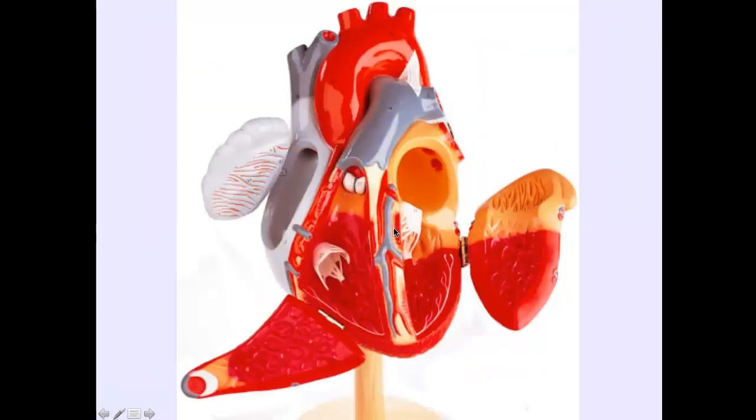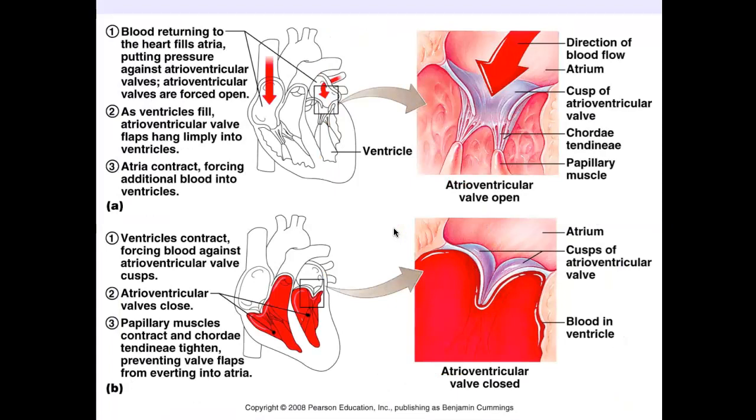So let's look at the way this works, right? So here is the blood coming through the tricuspid valve, or it could be the bicuspid valve. And then when the ventricles contract, they're going to squeeze that blood. That pressure is going to build up. The way that the valves are made, the way they're put together, is that they're going to form an umbrella, and so they're going to catch that blood underneath them, but there's a lot of pressure pushing up.